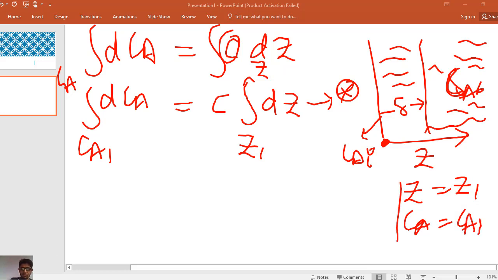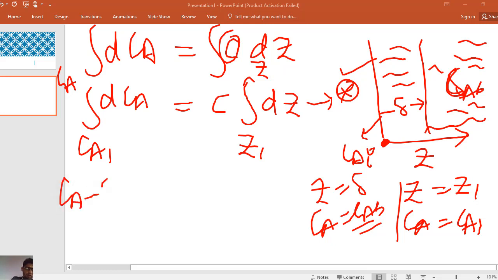When Z is equal to sigma, the concentration of A will be CAB, the concentration of A in the bulk. So simplify equation x: CA minus CA1 is equal to the constant of integration into z minus z1.